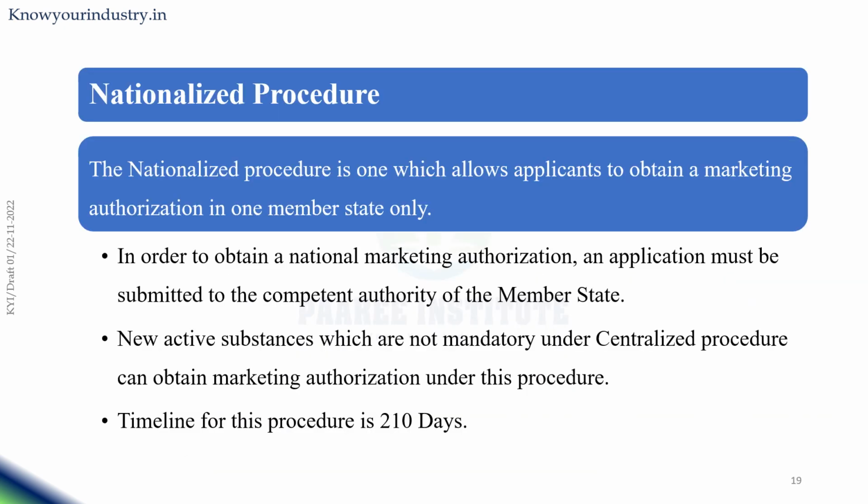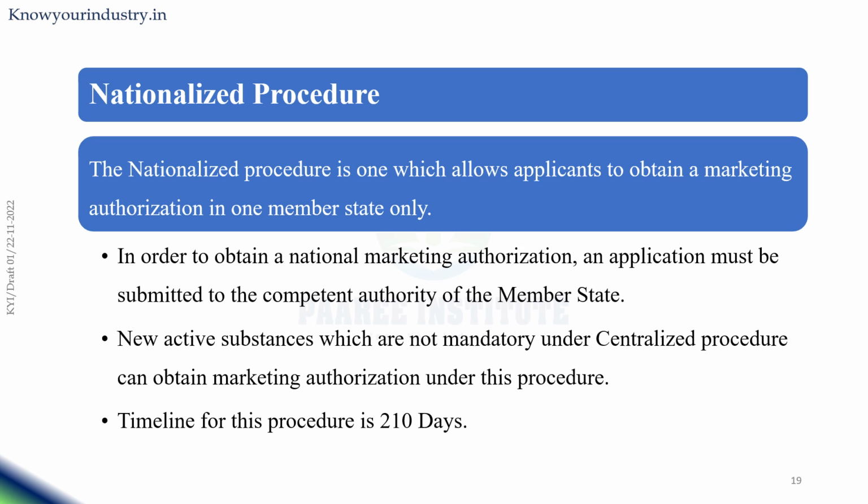The third one is the nationalized procedure. The nationalized procedure is one which allows applicants to obtain a marketing authorization in one member state only. In order to obtain a national marketing authorization, an application must be submitted to the competent authority of the member state.